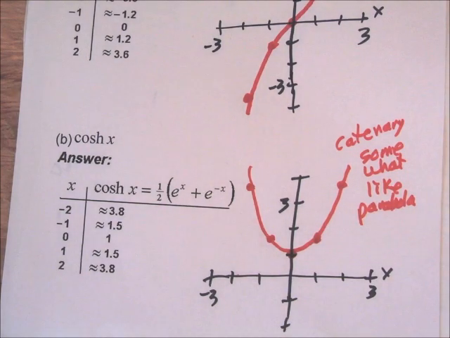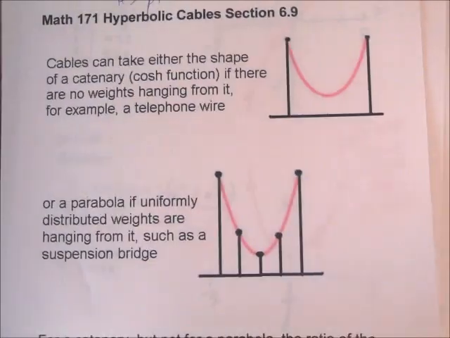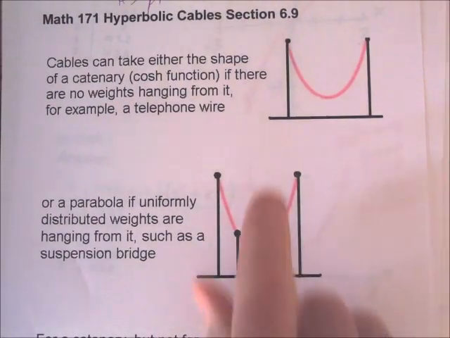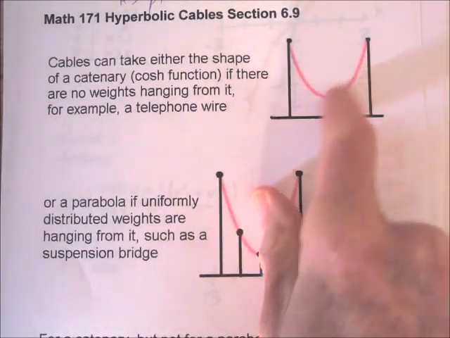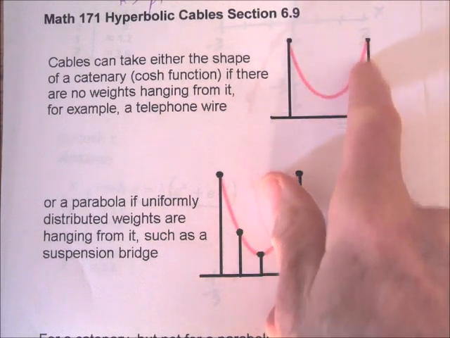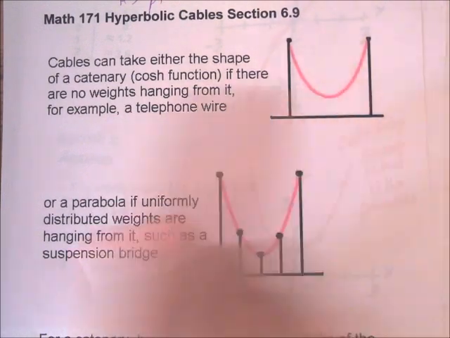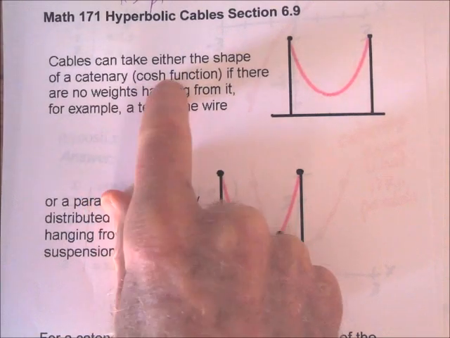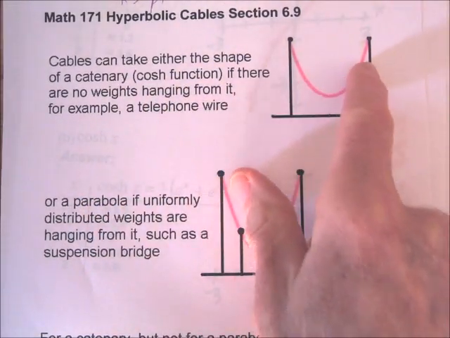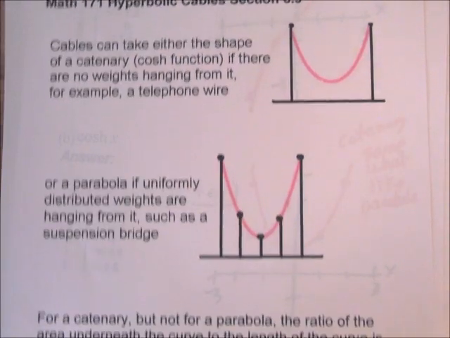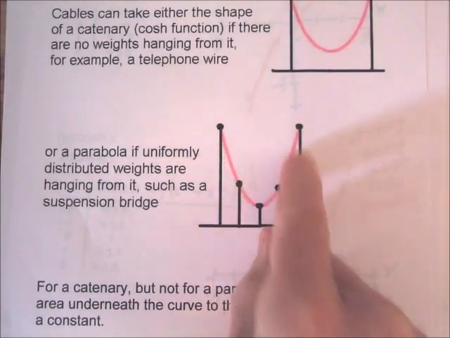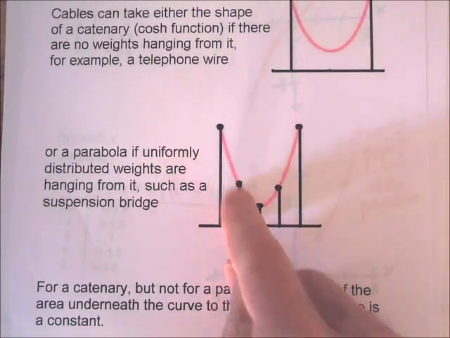In a later video, when we get into some applications, cables can take the shape of a catenary if there's no weights hanging from it. This is the cosh function. It's called a catenary, but it's actually the cosh function. But if you have uniformly distributed weights hanging from the cable, then it's going to be a parabola.